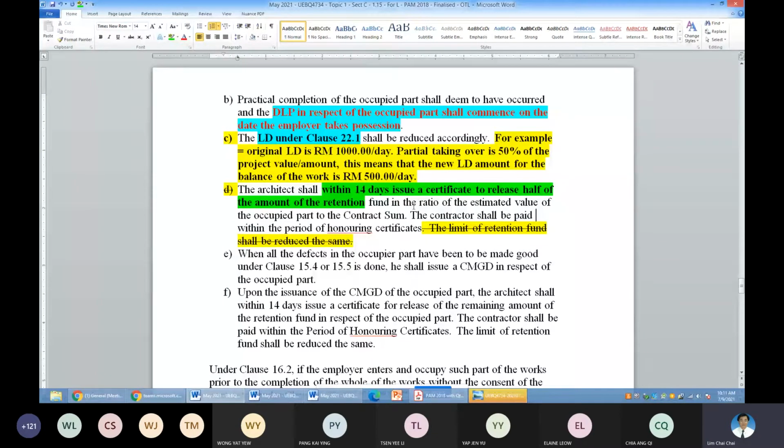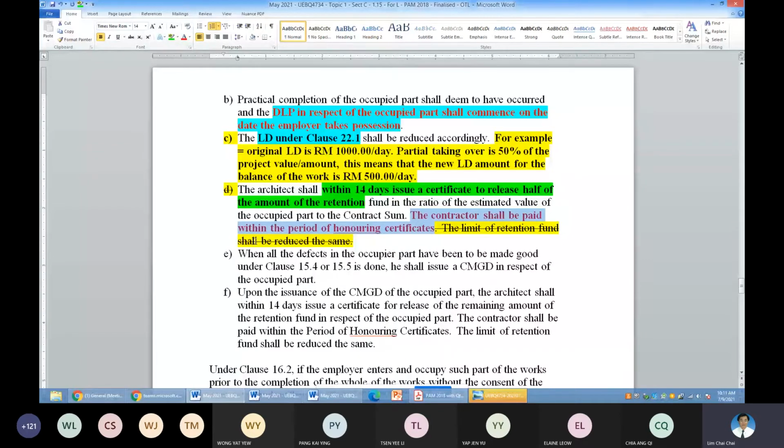Upon taking over, the contractor submits their claim, and then the architect will issue the certificate on the 50% release within 14 days. And then the money will be paid within the period of honoring upon that certificate issue. The limit of retention fund shall be reduced. It is no more applicable under your PAM 2018.